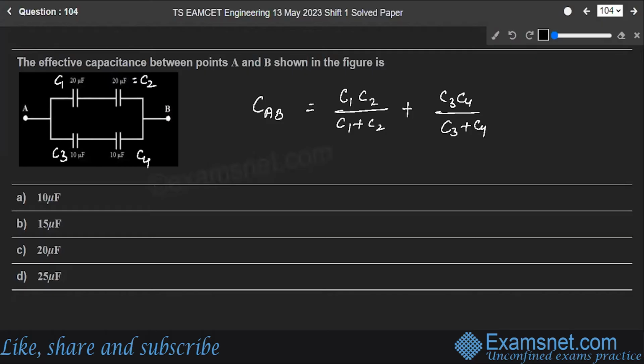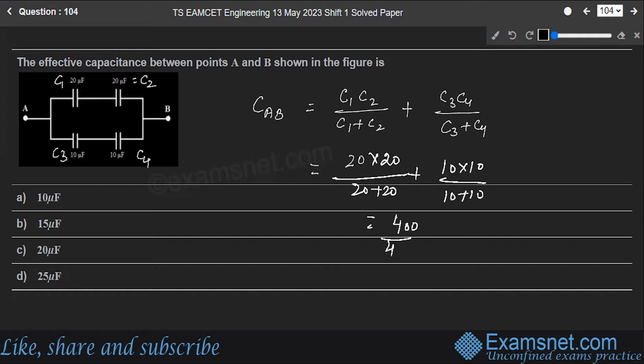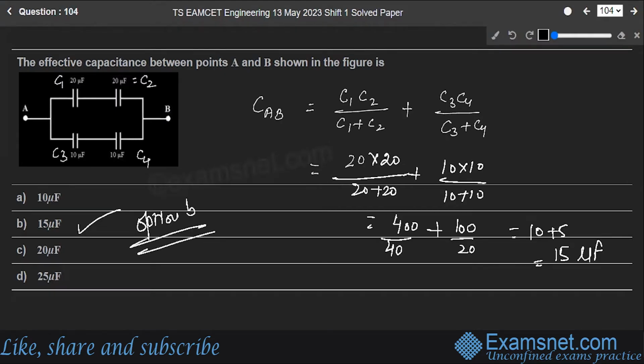So all you have to do now is just fill in the values. C1 is equal to 20, multiply 20 upon 20 plus 20, plus 10 into 10 upon 10 plus 10. This is equal to 400 upon 40 plus 100 upon 20, or that is equal to 15 microfarad. That makes option B to be the correct answer.